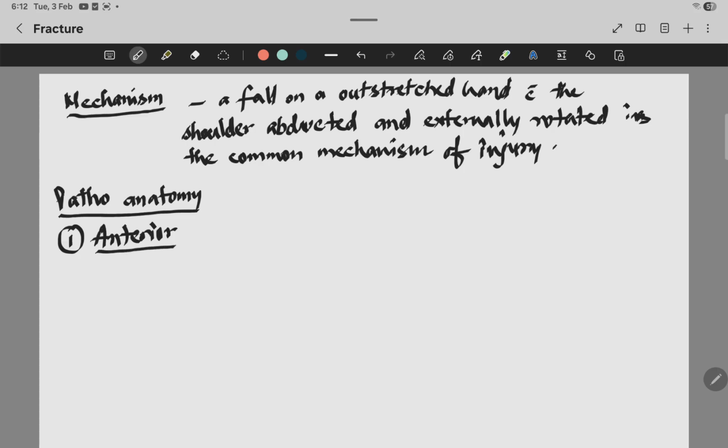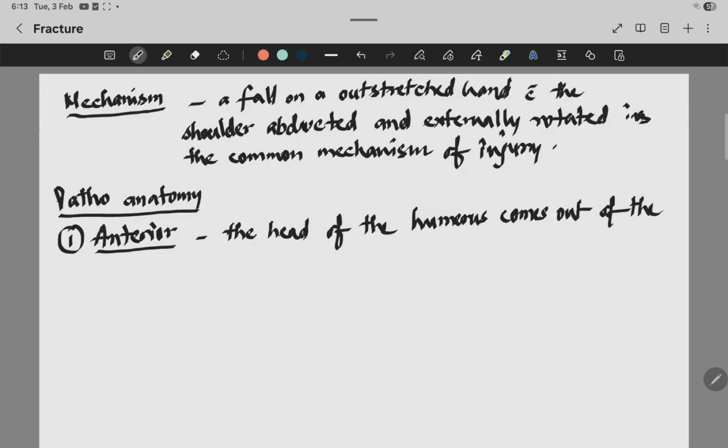Here, in the anterior shoulder dislocation, the head of the humerus comes out of the glenoid cavity and lies anteriorly. Okay.